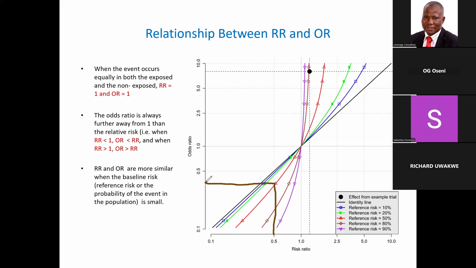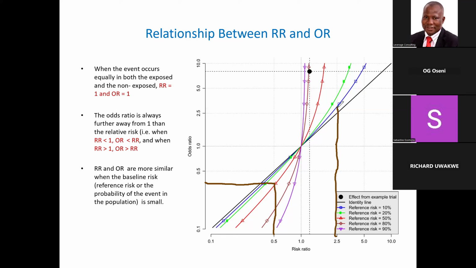Let's now choose a case where the relative risk is higher than 1. Look at this 2.5 position, which is greater than 1. Let's trace it up. Let's choose the blue graph, because the red graph does not reach that far.